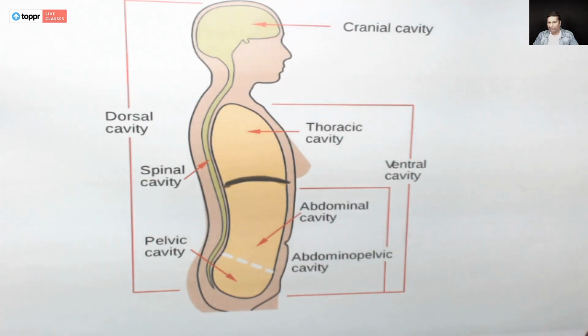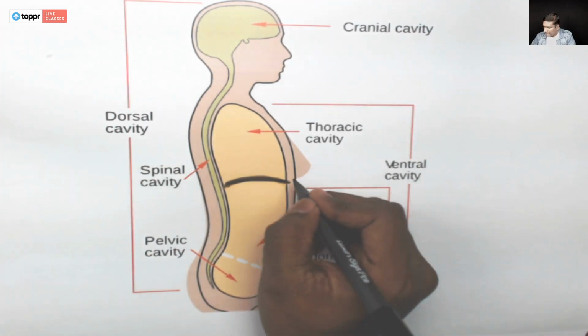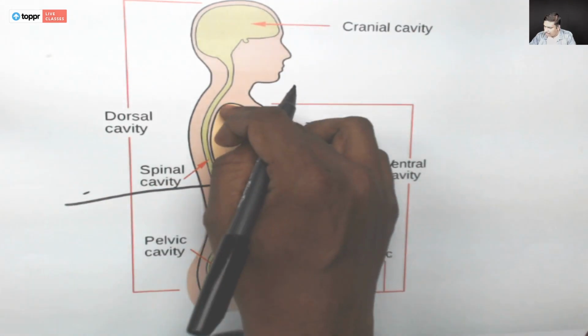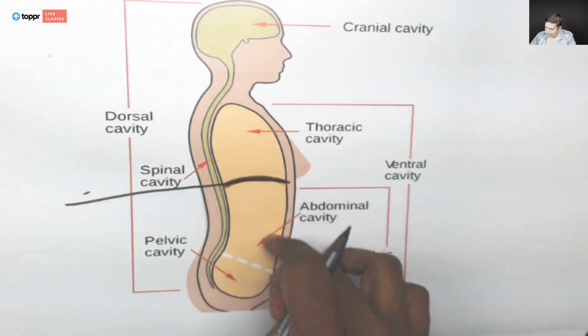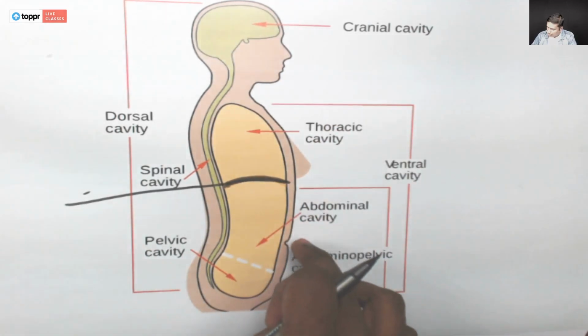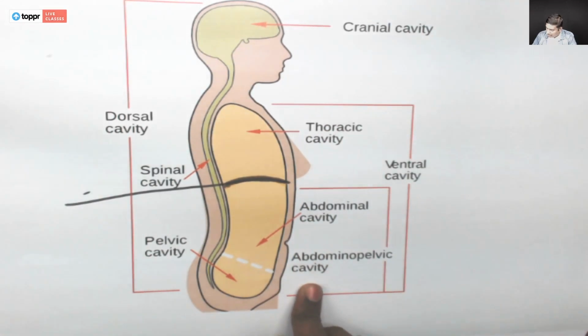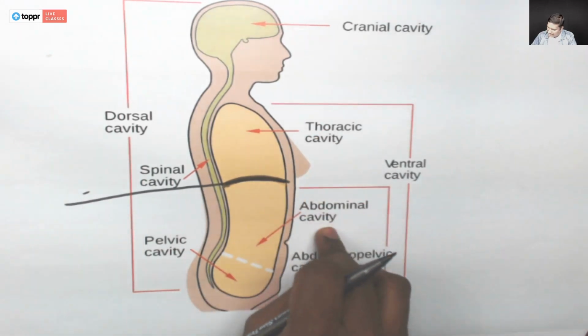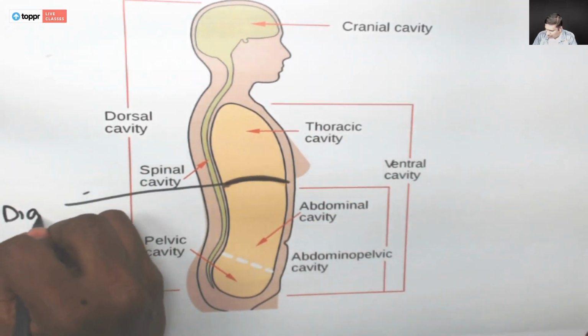The entire thing is made up of muscle, and that muscular structure which divides the ventral cavity into the thoracic and the abdominal cavity is your diaphragm.